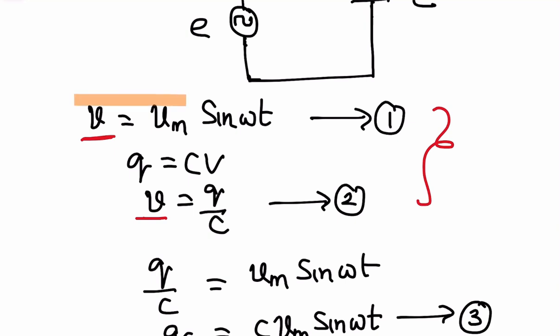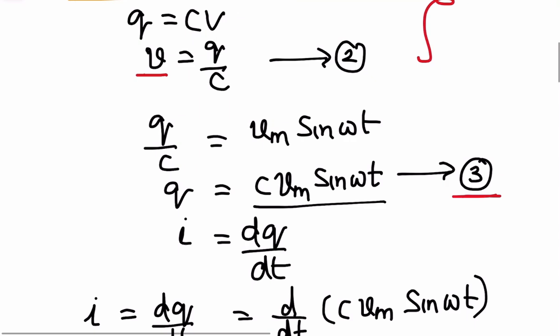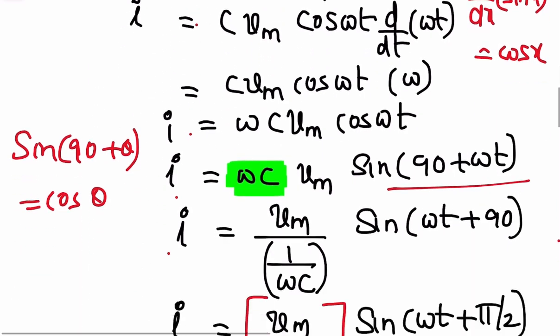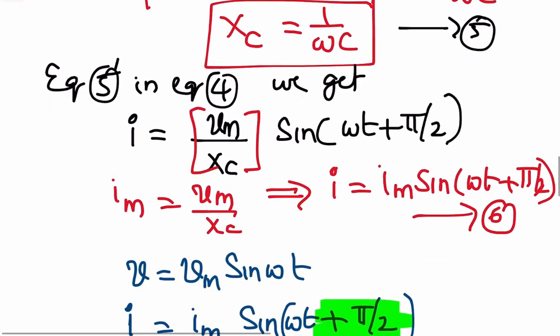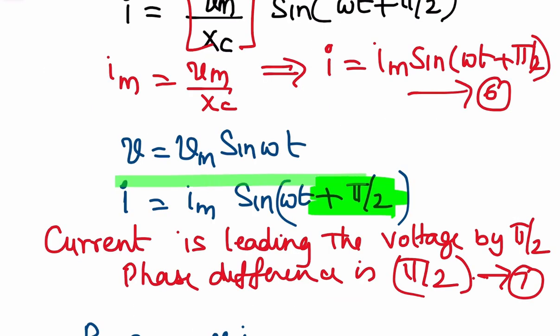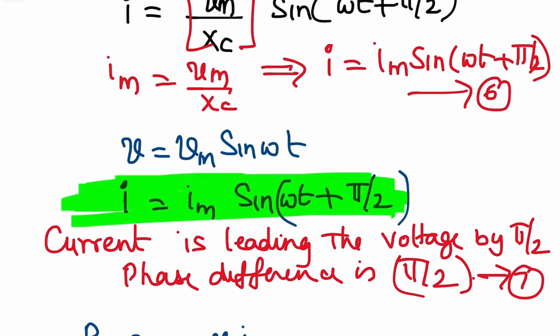That's over. The next one is the current equation. Here we have our current equation, I is equal to Im sine omega t plus pi by 2. I have taken that as equation number 6.